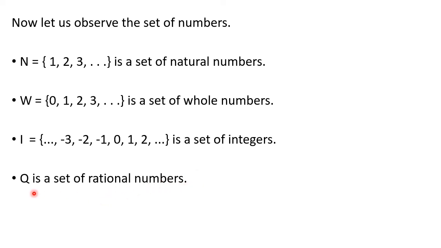Q is a set which denotes rational numbers. Similarly, we can say that R is a set of real numbers. So all these collections of numbers are also sets, and we can denote them by using the letters N, W, I, Q and R respectively. I hope you must have understood how to write the sets now. Let's go further now.